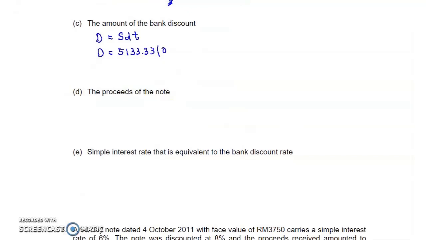So D just now 9% and T, remember DT, T here discount period, just now 72 days. And then divided by 360. So what is the amount of bank discount? So if you calculate this one, 72 over 360, multiply 9%, multiply by 5133.33. So you will get RM92 ringgit 40 cents.